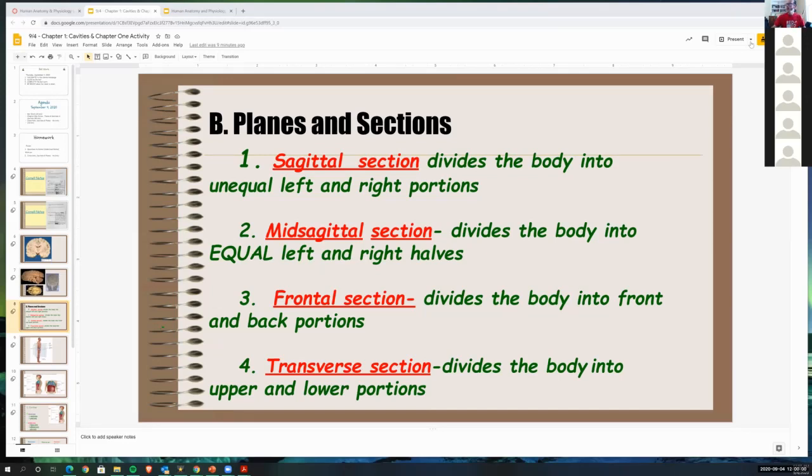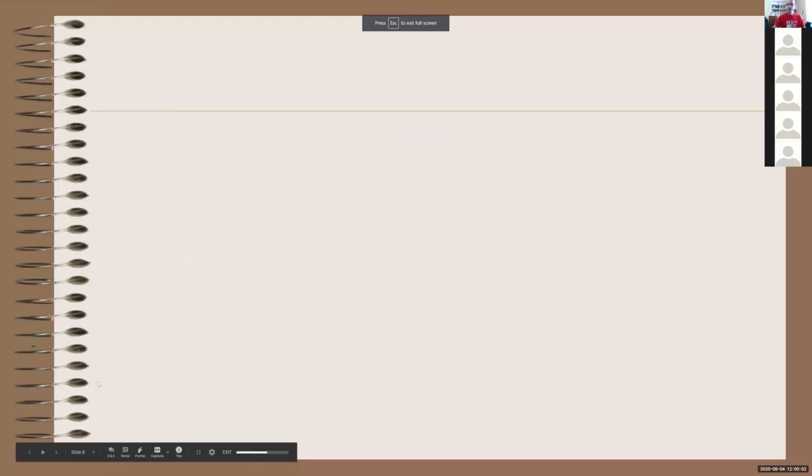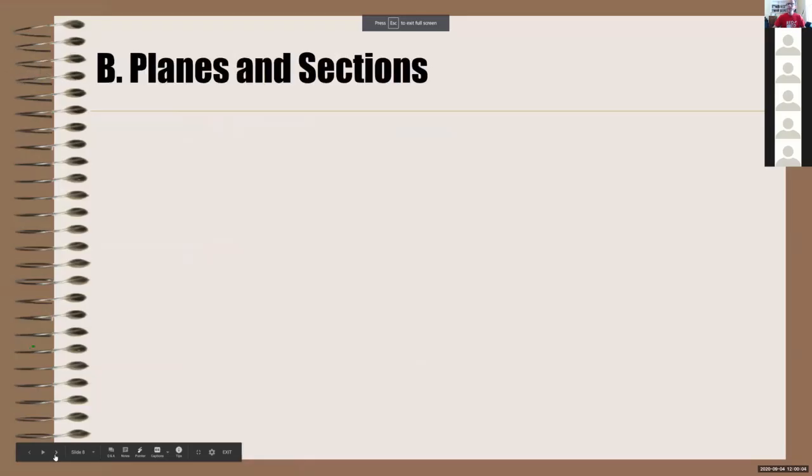Oh, I did not want to do that because I don't want to give you all the information at once. Planes and sections, there we go.